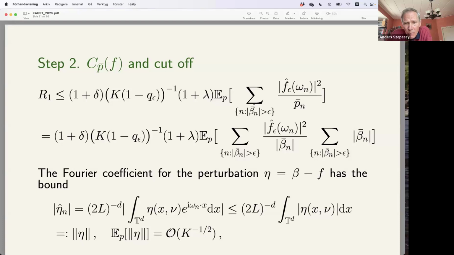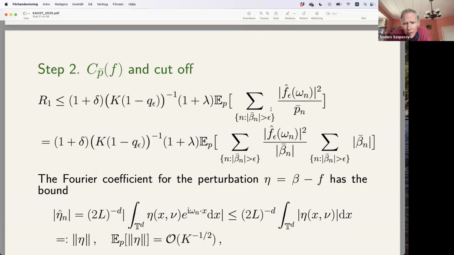And now this resampling density depends on the amplitudes which are sampled based on the frequencies related to p. So that is what we need to estimate. How big is this number?